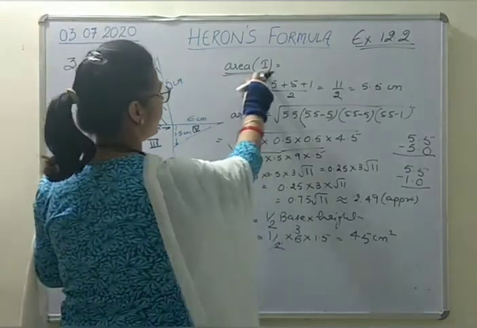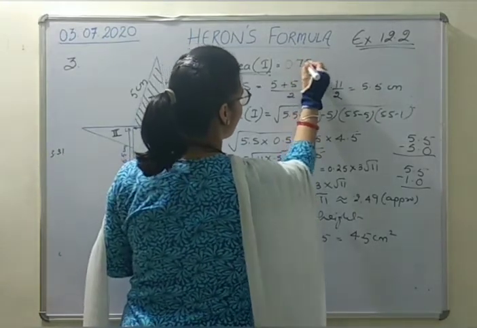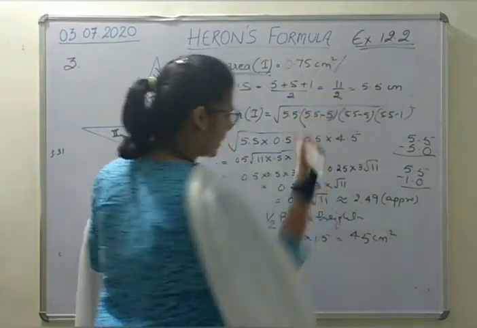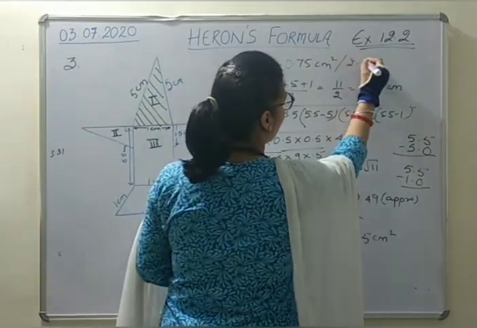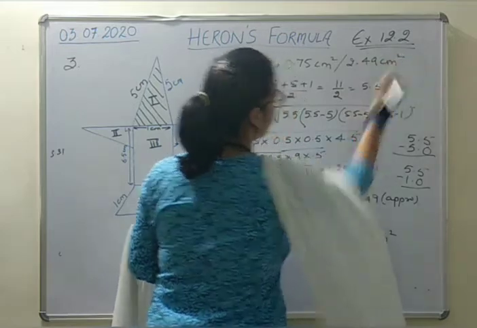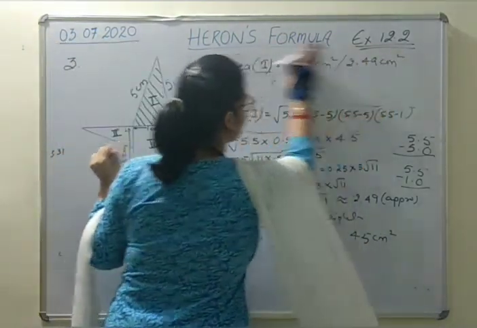Now what do we have? Area of the first region is equal to 0.75 root 11 centimeter square or 2.49 centimeter square. And what is the area of the second portion?